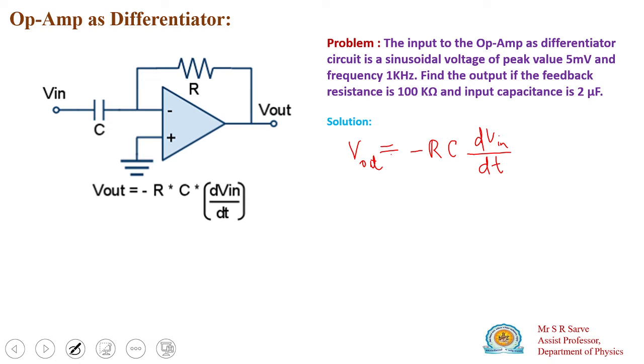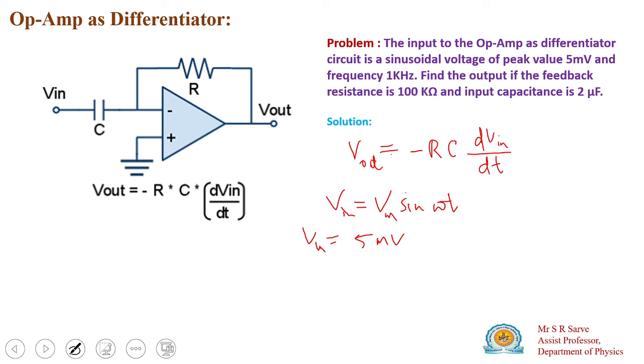Now they have given you the input voltage. So what is the input voltage? Input voltage is equal to Vm sin omega t. That is the sinusoidal input voltage, and Vm is your maximum peak voltage. What is the maximum peak voltage? 5 millivolt.